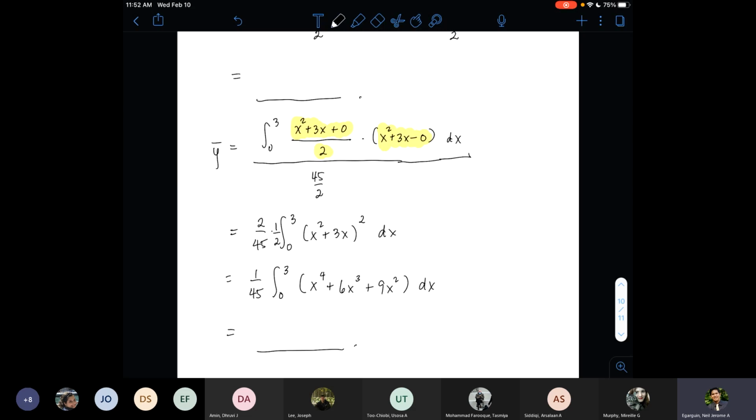For instance, e to the x squared. There's no substitution rule that you can use in order to integrate e to the x squared. But come to think of it, e to the x squared is a very simple function, right? So there are still a lot of functions that might look simple, but they do not have a closed form integral, right?